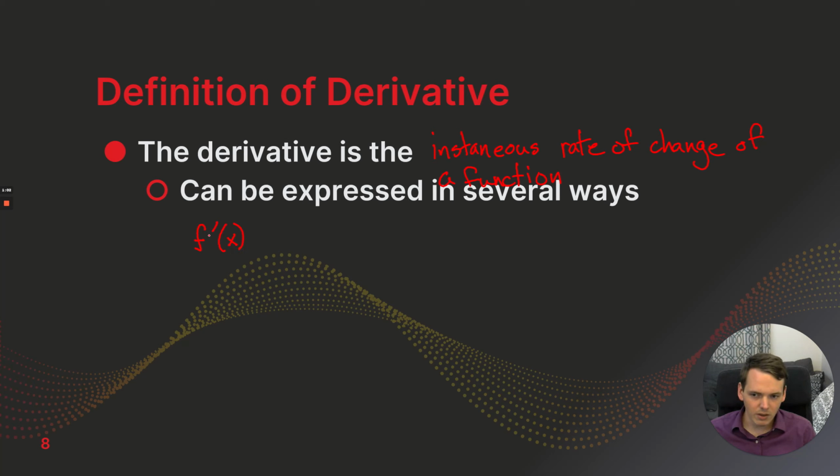You see the little apostrophe I wrote here, that's prime. We would read this as f prime of x, or f prime if you want a shorter version.